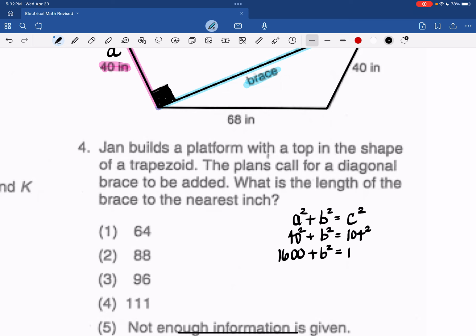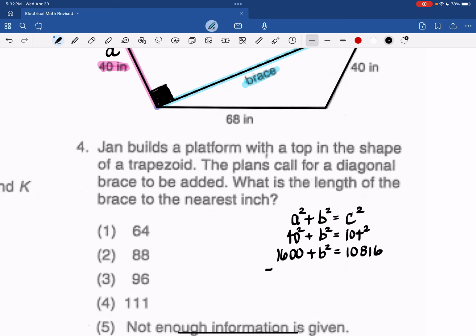And this number by my calculator is quite large. I want to isolate B squared. So I'm going to move away the 1600, and I do that with an inverse so that that will cancel. I'm left with B squared equals the difference between those two, and you can use your calculator or do it in your head.